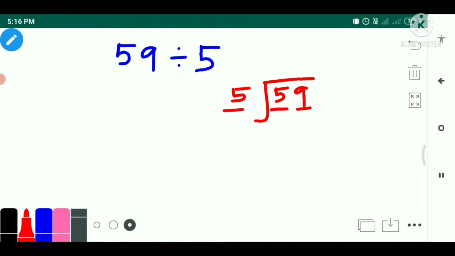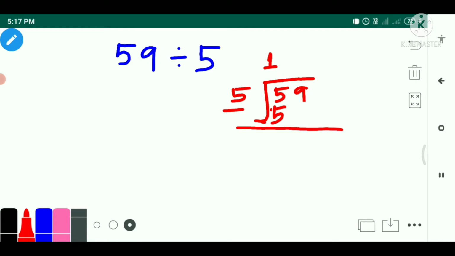Now we'll check the multiplication table of the divisor and see if 5 is there or not. We know that 5 ones are 5. So we'll write 1 here and we'll write 5 here. Now we'll do subtraction.